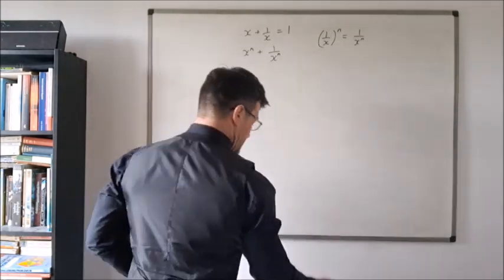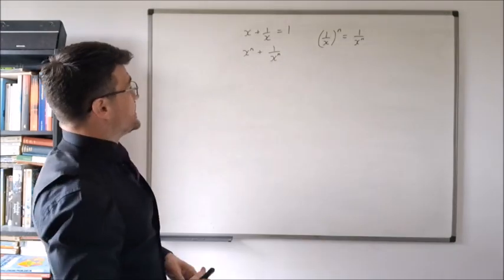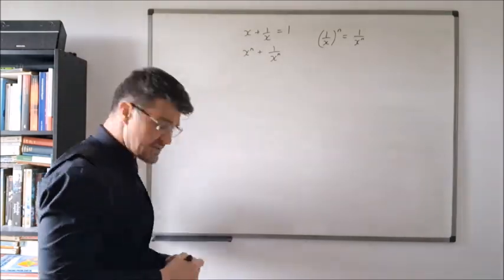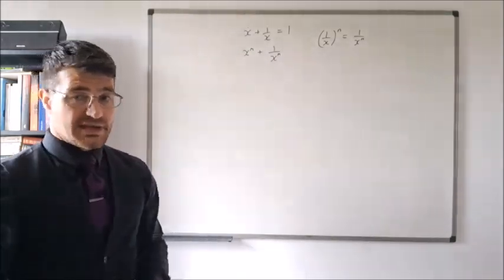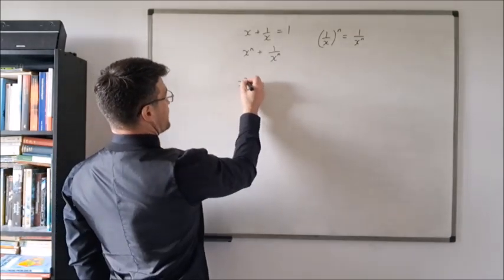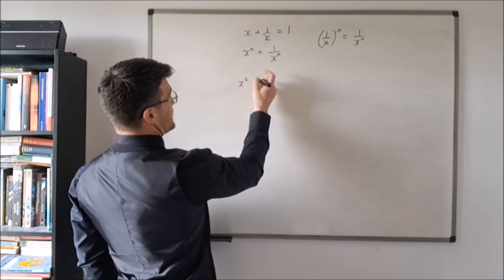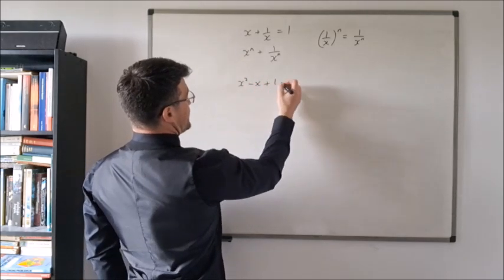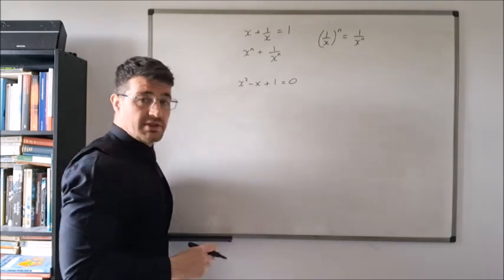And therefore, going back up to this equation, multiply through by x, there's no risk that x is going to be equal to 0 or anything like that. So I can multiply through by x to give the quadratic equation, and with a bit of rearrangement as well, x squared minus x plus 1 equals 0.